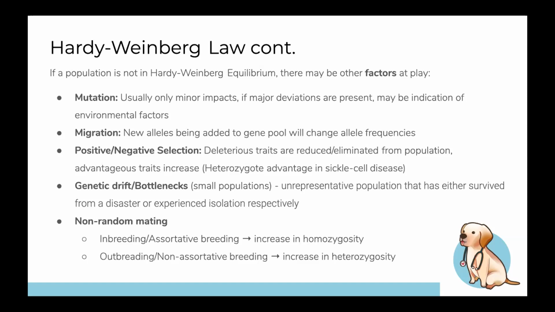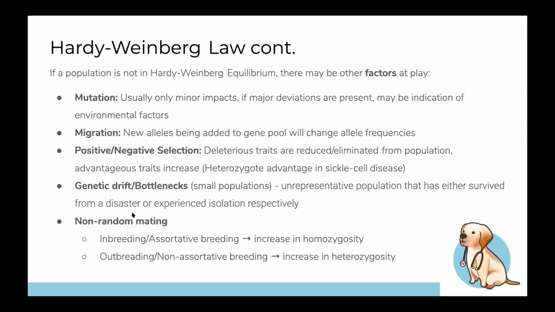Positive or negative selection. This is basically saying if a particular gene has a significant advantage over another one, that's going to affect how many of those genes will remain in your gene pool. Genetic drift or bottleneck: let's say in a particular population there's been some kind of disaster, killing the majority of people and leaving only a small proportion behind.